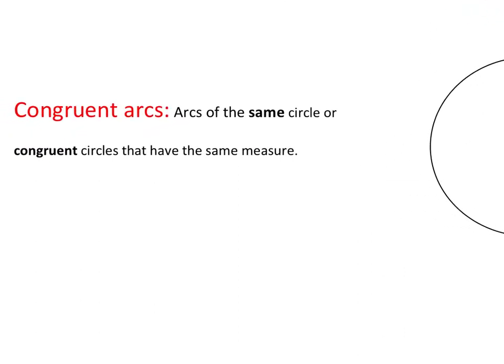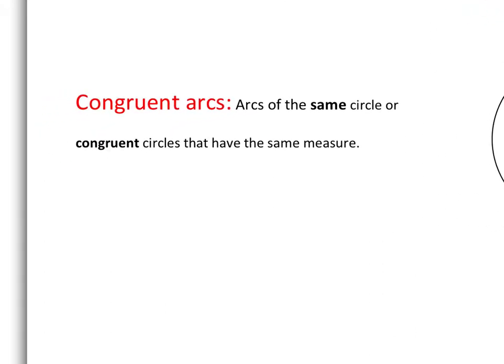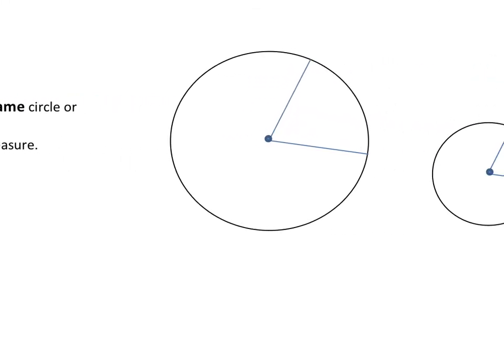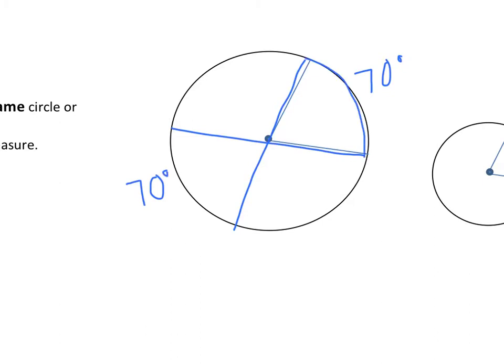Congruent arcs are arcs that are in the same circle or in congruent circles that have the same measure. So in this circle, if this arc is 70 degrees and this arc is 70 degrees, we know that these two arcs are congruent because they're in the same circle and they have the same measure.